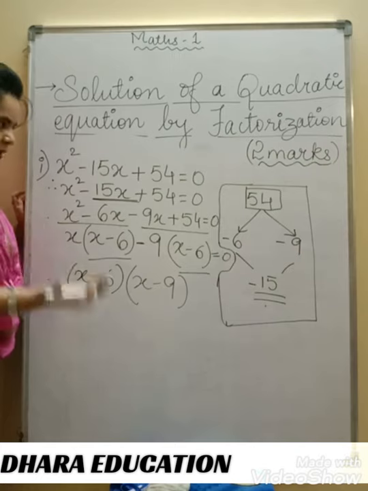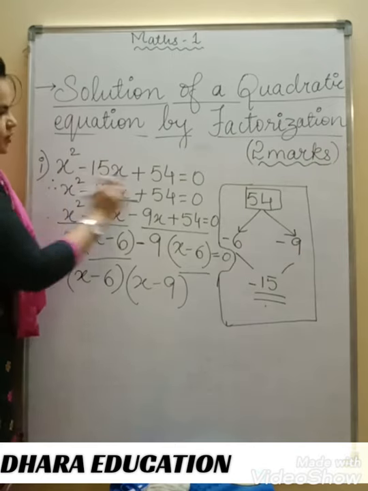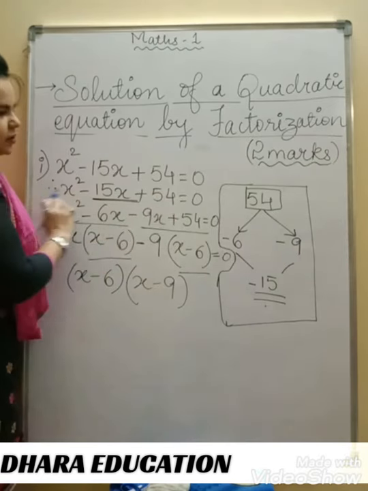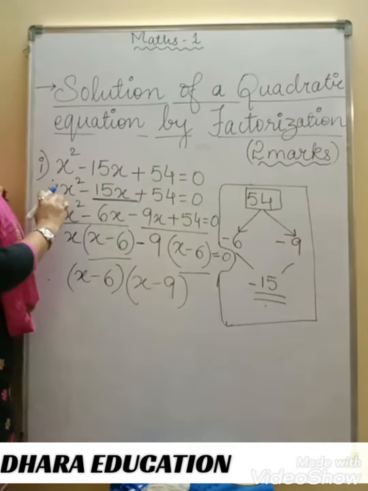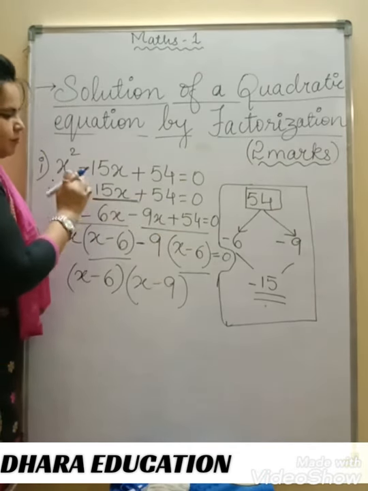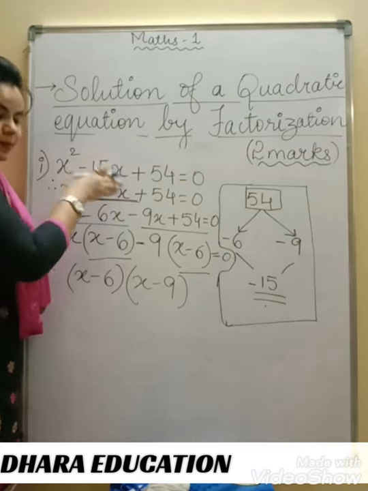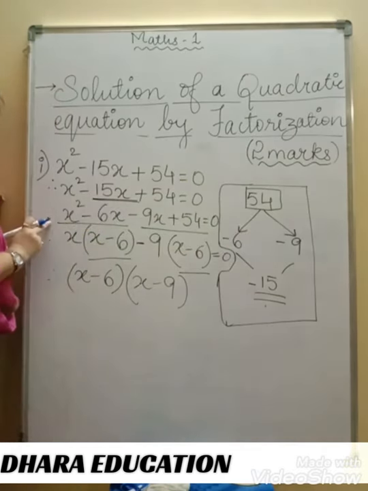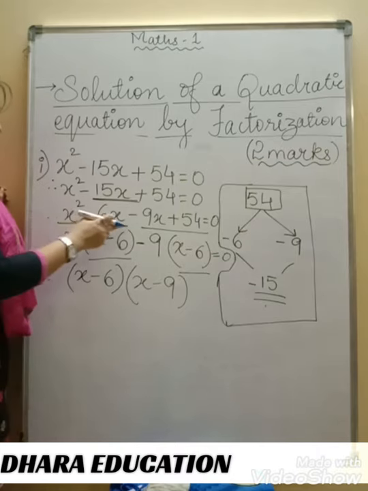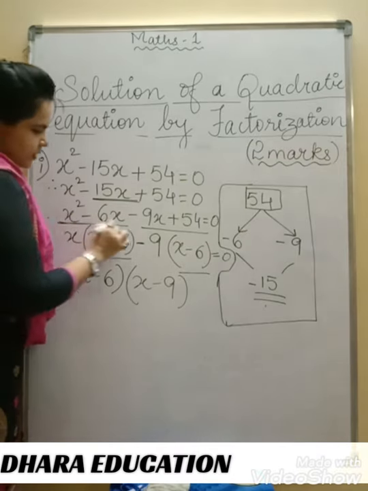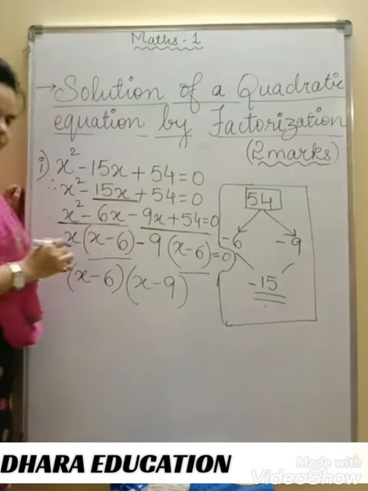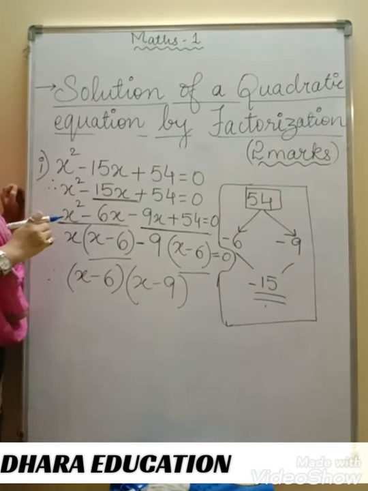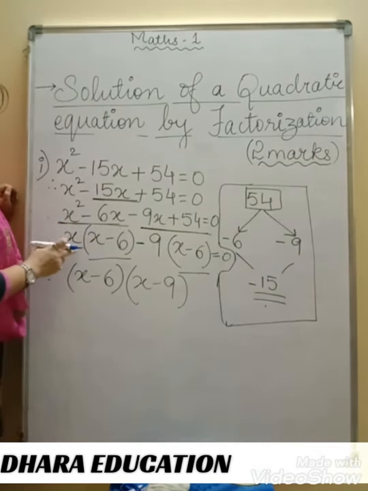Okay, I repeat once again. This was our question. We have written the question once again. Then we are bifurcating minus 15x, that is the middle term, into these two factors. In the third step, we have taken the first two terms and the last two terms to make them common. Here common is x.